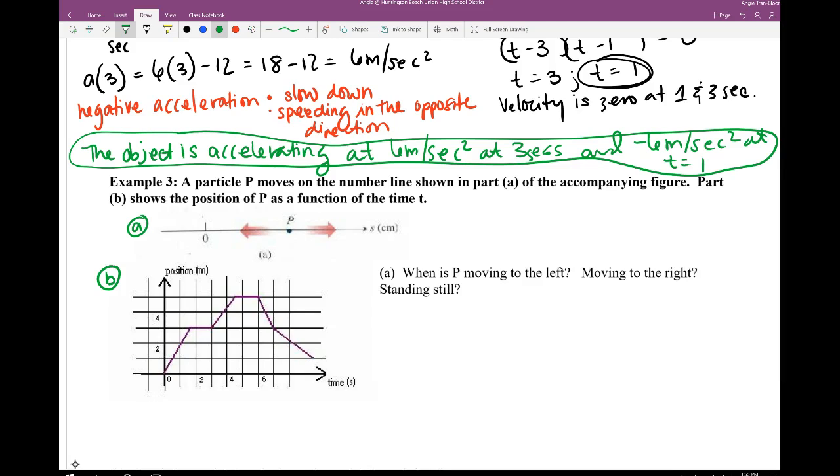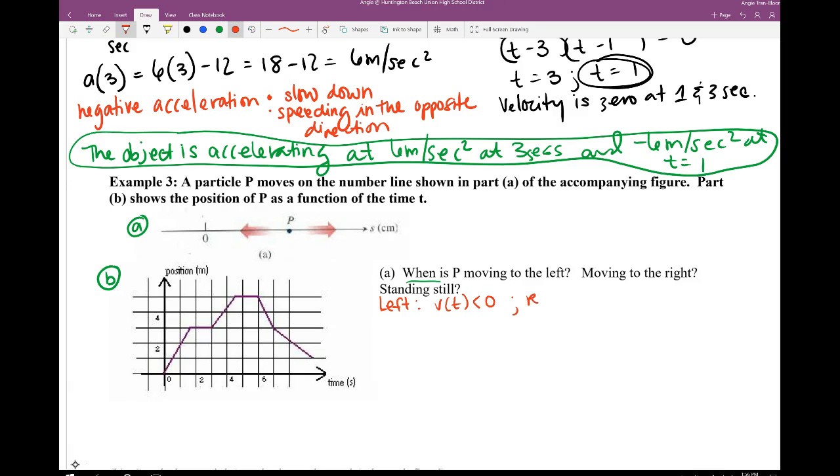Letter A. When is P moving to the left, when is P moving to the right, and when is it standing still? So let's talk about left, right, and standing still. Under your summary, we have written down left, right, and standing still. Left is when v of t, the velocity, is less than 0.